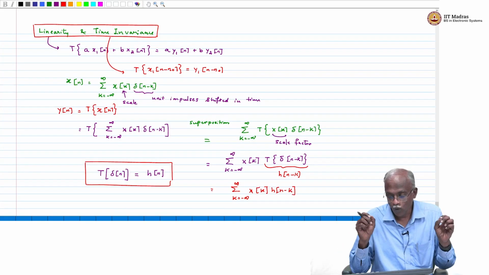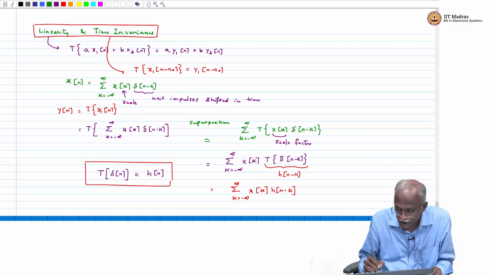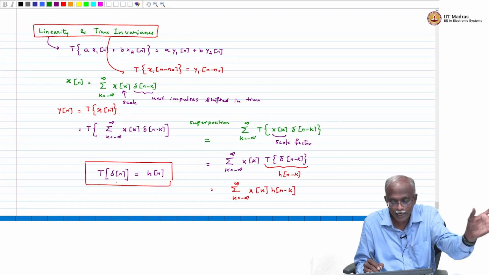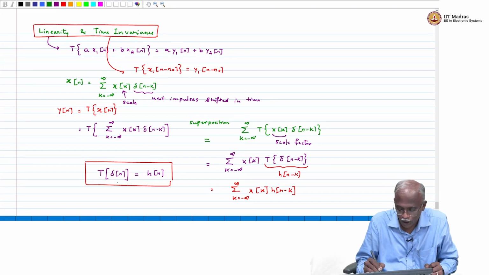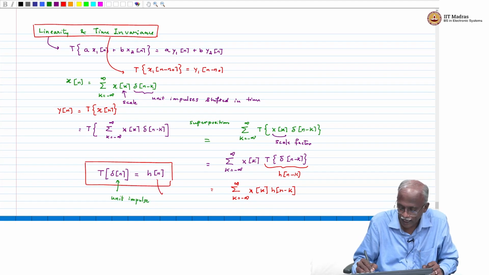So, what is it that we have done? We have asked what is the response of this linear and time invariant system to a unit impulse. We call h of n the impulse response.